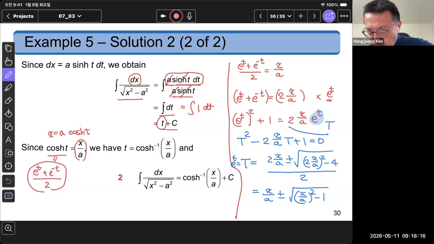Now, why? Oh, right. Since this is the exponential function, and when t is positive, right?